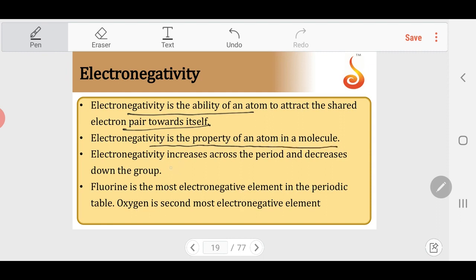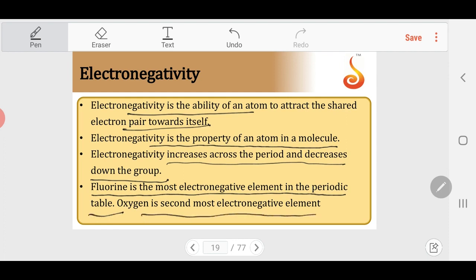Electronegativity generally increases across a period and decreases down the group, because that also depends upon the size of the atom. Fluorine is the most electronegative element in the periodic table, and oxygen is the second most electronegative element. So these two, halogens and oxygen, are the highly electronegative elements.